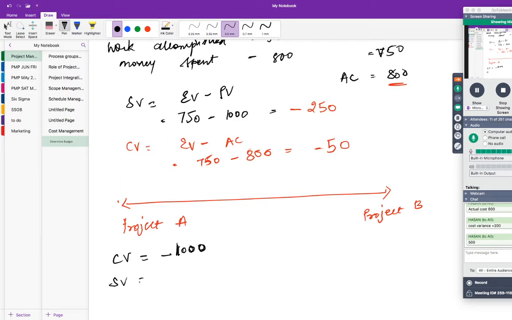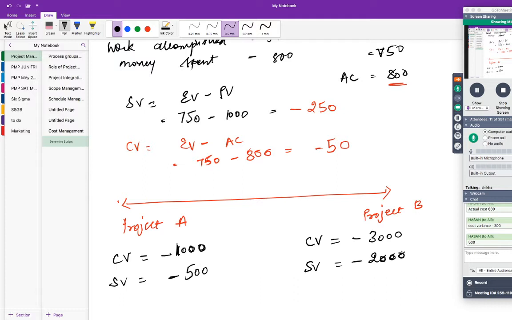Schedule variance of project A is minus 500. Similarly, for project B, the cost variance is minus 3000 and schedule variance is minus 2000.